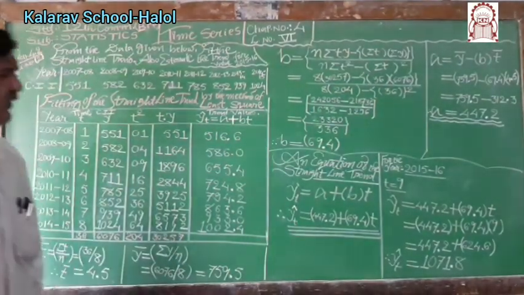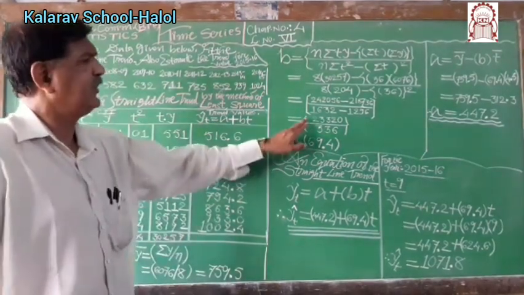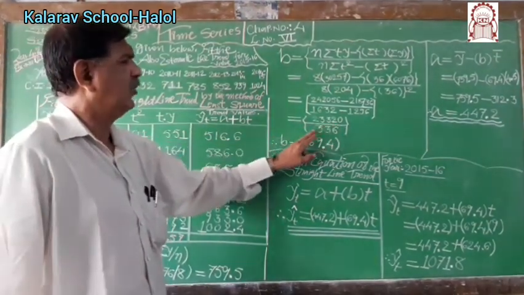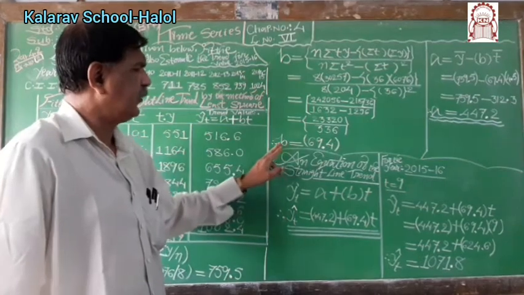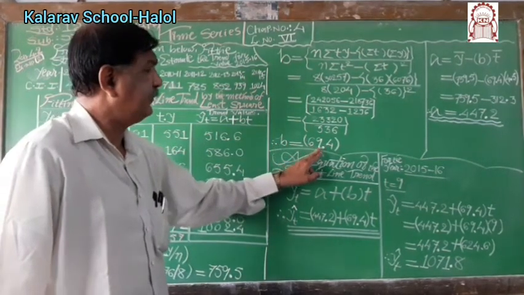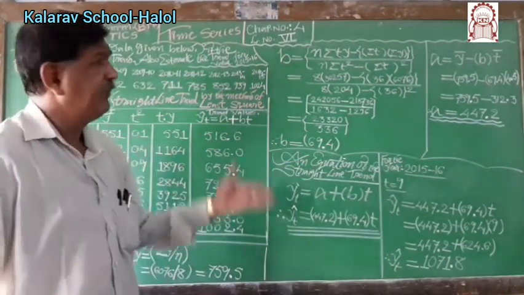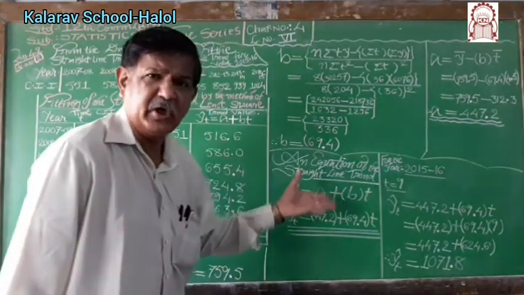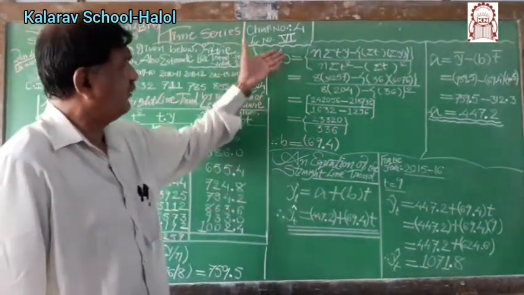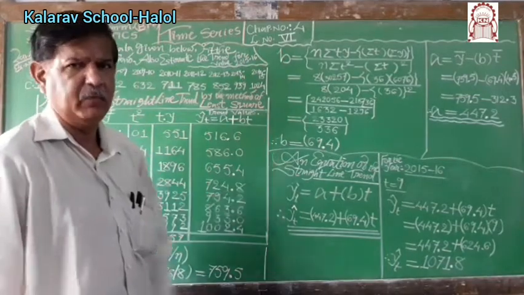After simplification, you will get 23,320 over 336, and the answer for constant b is 69.4. Be careful about the time of calculation, the formula and the simplification also.